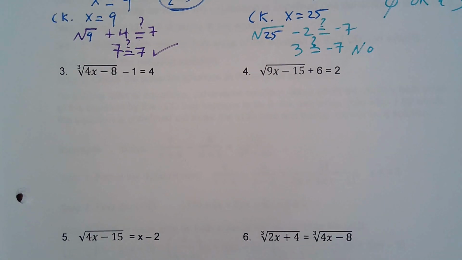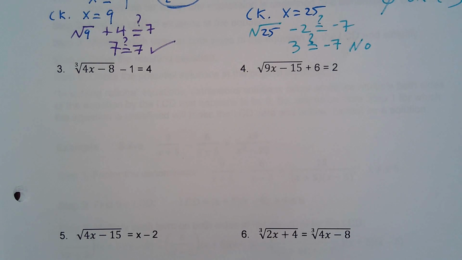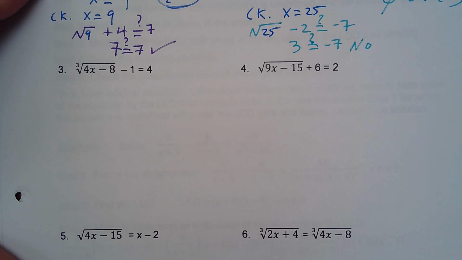All right, let's try this next one. So now my index is 3. So again, I got to get that radical by itself. So I'm going to add 1 to both sides.